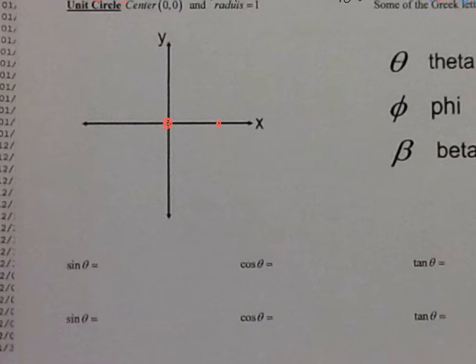So if I go to the right 1 unit, this point right here would be 1, 0. I'm going to go up 1 unit. So this point here would be 0, 1. I would go to the left 1 unit. This point here would be -1, 0. And I would go down 1 unit. And this point here would be 0, -1.